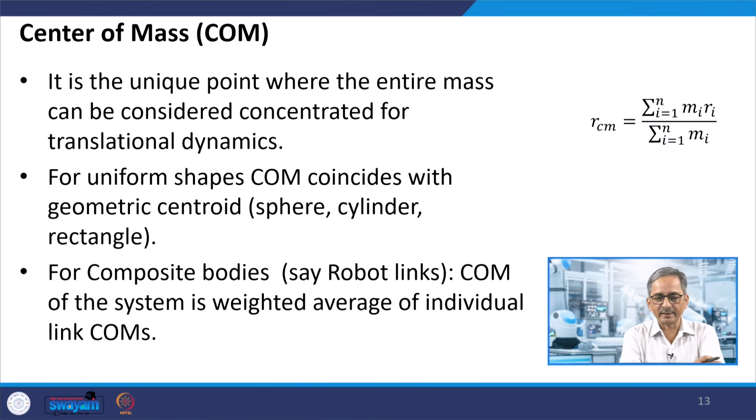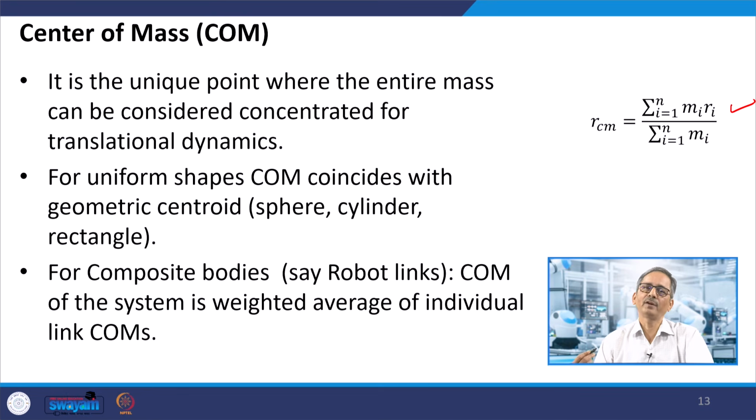Next, let us see the center of mass. It is the unique point where the entire mass can be considered concentrated for the translational dynamics. Mathematically, this is how it is defined.